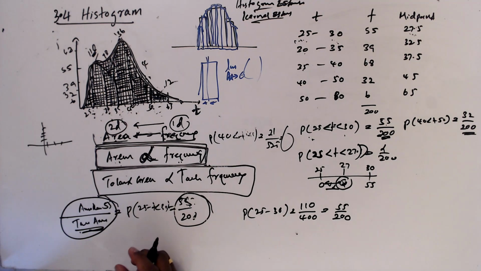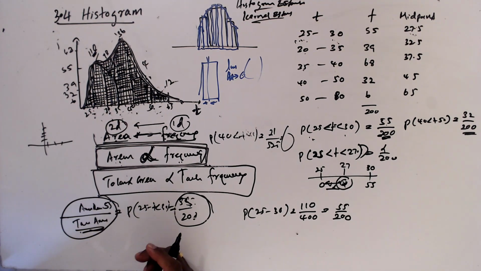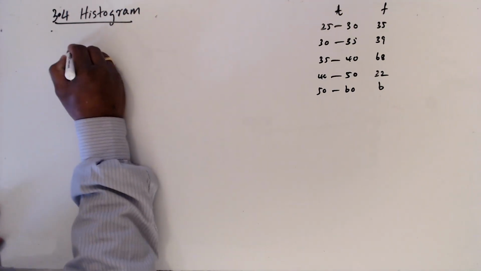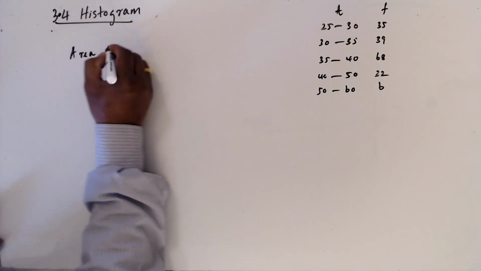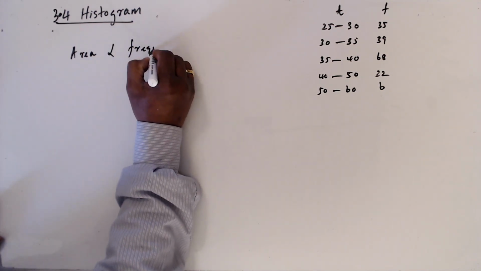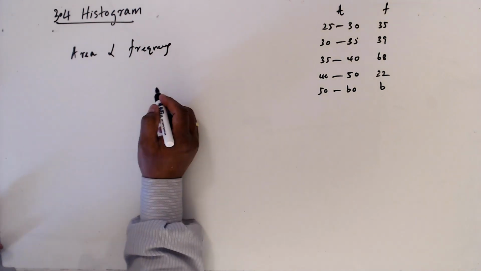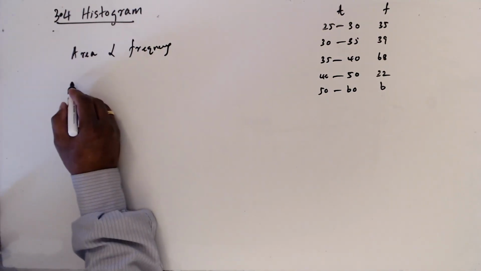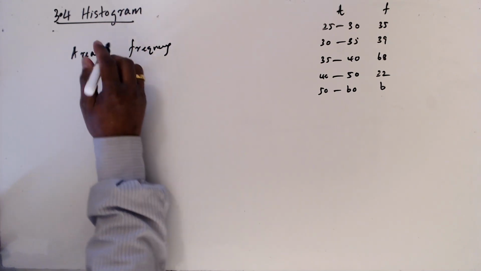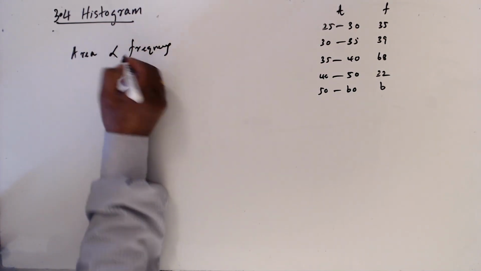You need to learn mathematics with the meaning, otherwise you will get stuck somewhere. Area of a bar, basically.